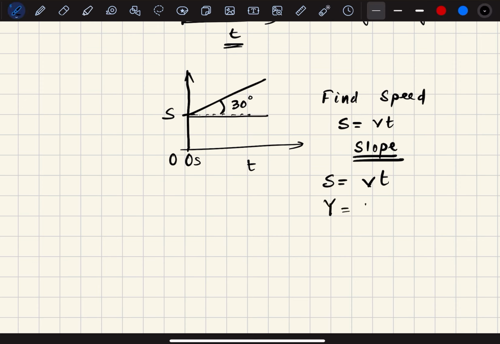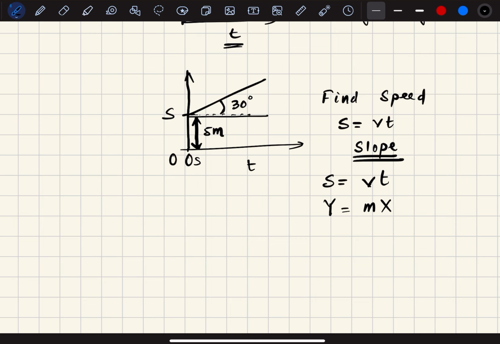Now the question is, this line does not pass through the origin, and the body is already 5 meter ahead of the observer at 0 second. So if I calculate velocity into time, distance is equal to velocity into time, that will give me the equation of this one, that is correct.